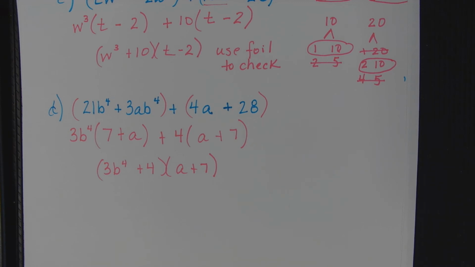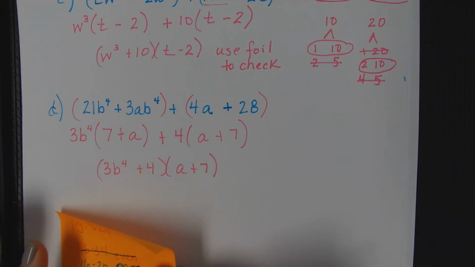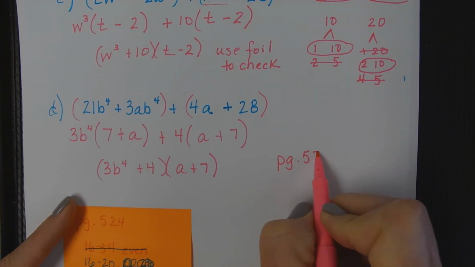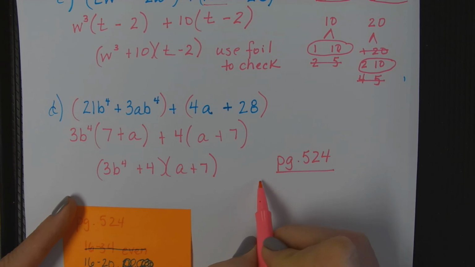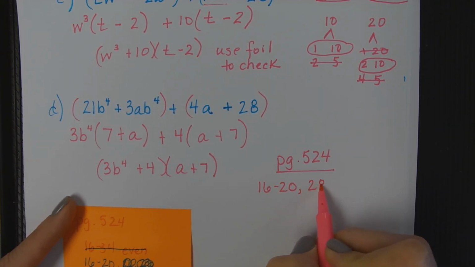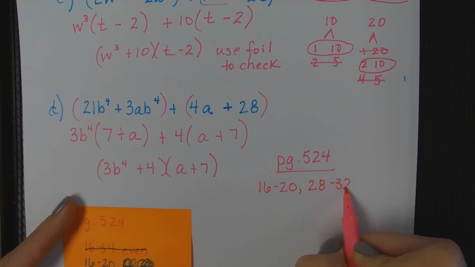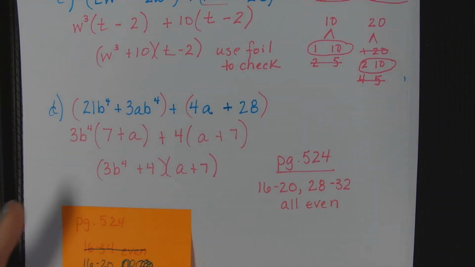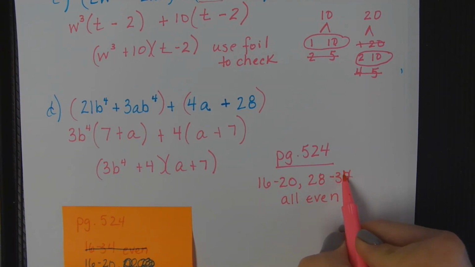Y'all ready? I'm done. Here's your homework. I'm going to write it on this paper because I have to change this. I just changed it up a little bit. 16 through 20, 28 through 32, all even. Sorry, 34.